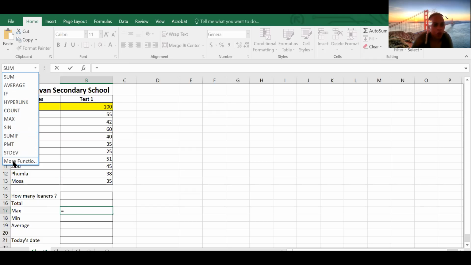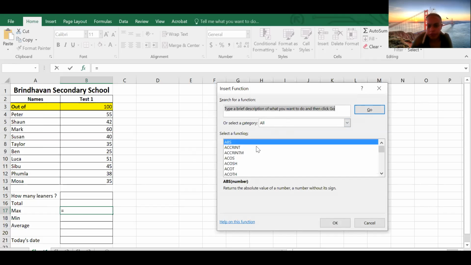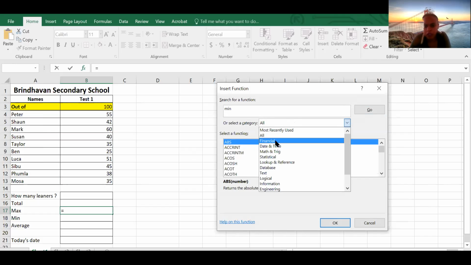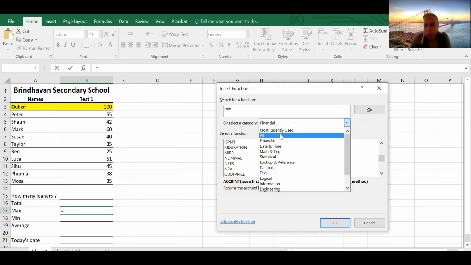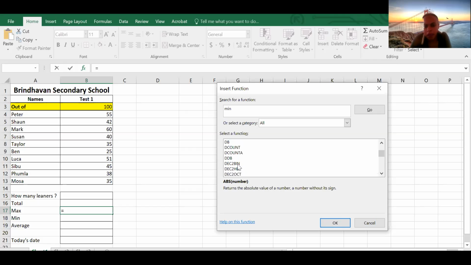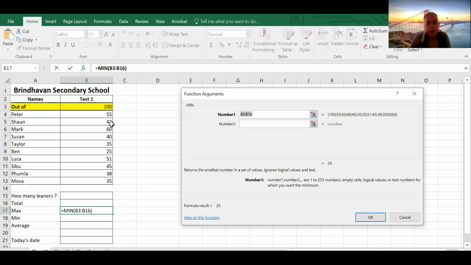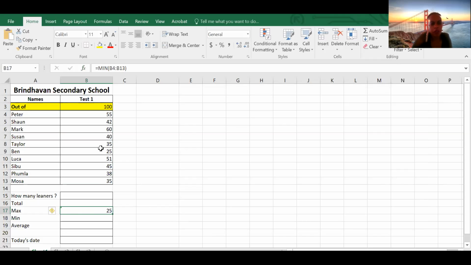You can go for more functions. So I can say minimum, and then the minimum between all that. The person who scored the least was 25.